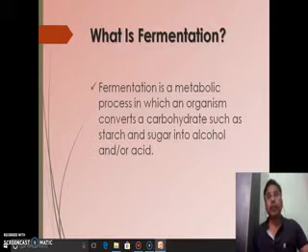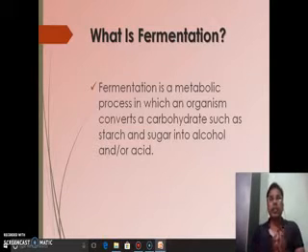After the nutritive value of milk, let's see what is fermentation. The fermentation is a metabolic process in which an organism converts a carbohydrate such as starch and sugar into alcohol or the acid.